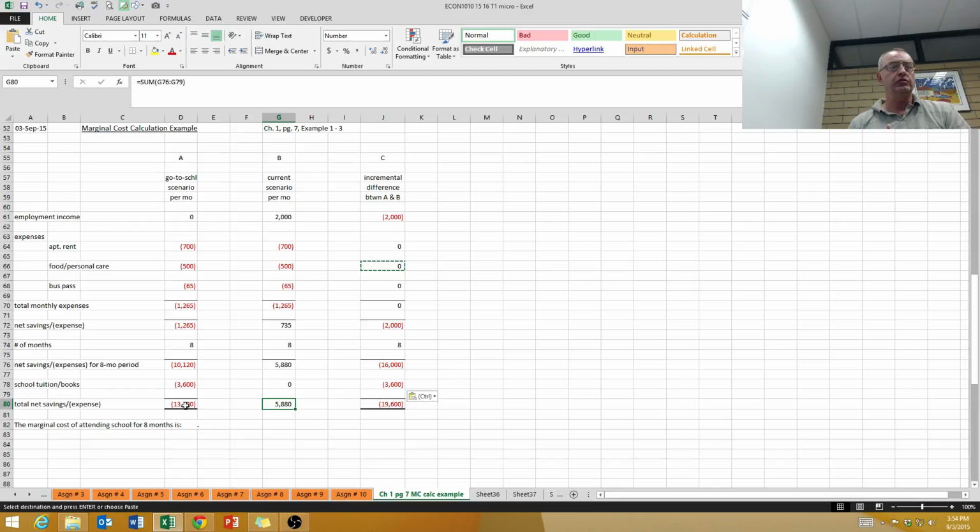And if she goes to school instead, her net cash outflow during that period is going to be $13,720. In the example in the book, Jane calculates her incremental cost of going to school to be $13,720. However, what she's obviously not factoring in is her lost revenue of $2,000 per month.